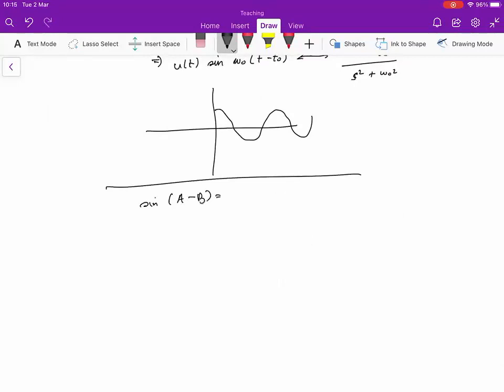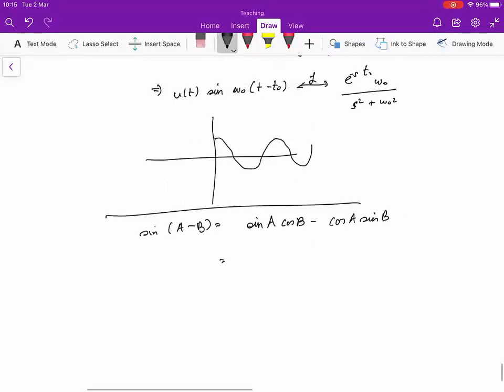I think that equals sine of a cosine of b minus cosine of a sine of b. Okay. I literally studied this decades ago, so I don't remember the formula.